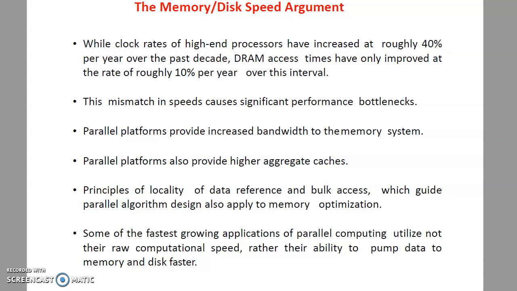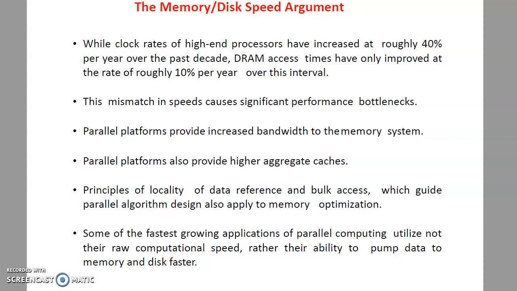Some of the fastest growing applications of parallel computing utilize not their raw computational speed, rather their ability to pump data to memory and disk faster. So some parallel computing applications found the benefit in parallel computers by memory speed basically.